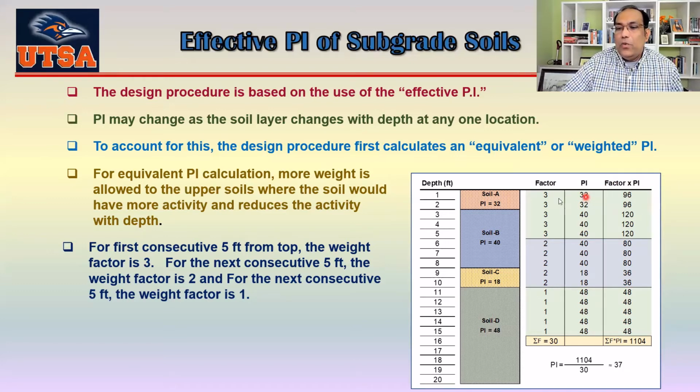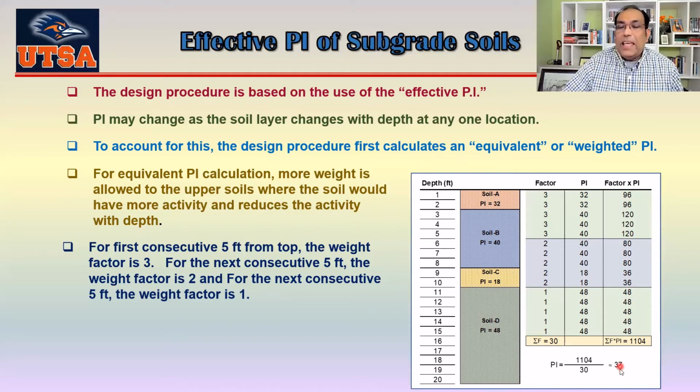So 32 multiplied by 3 is 96. That's the way I put all the factored PI here. And when I divide the summation of that factored PI by the summation of this factor here, I get the weighted PI here.